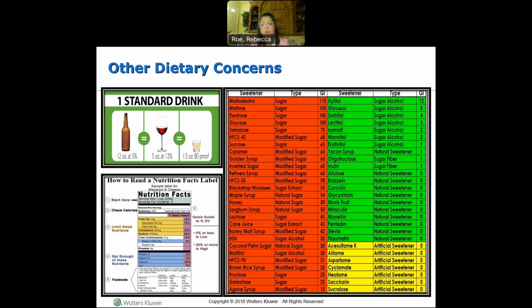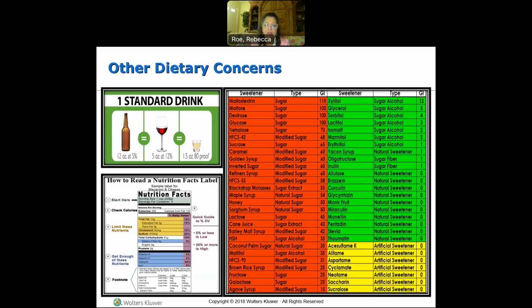Anything that has syrup, molasses, or "ose" behind it, anything like that, whether it's plant-based, whether it's bee-based, I don't care what it is, it's a syrup. It is a sugar at its base. And so these would be added sugars to your diet. Honey is great.